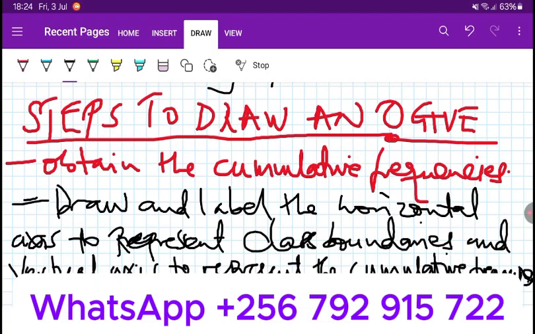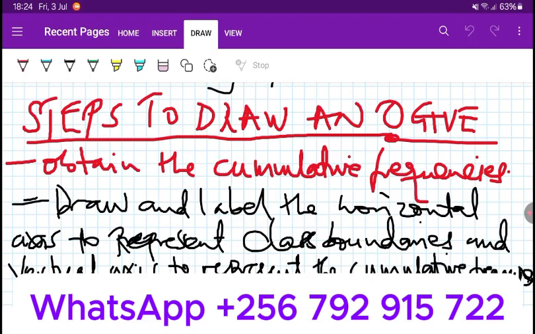And of course, the third step is for us to plot the points. But we always start with a point from the horizontal axis. So we plot class boundaries against the cumulative frequency.